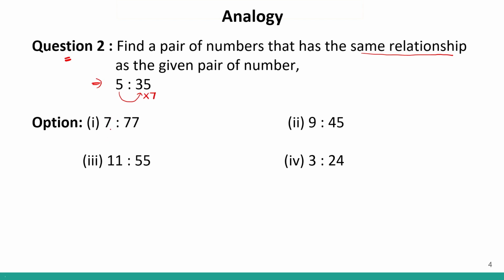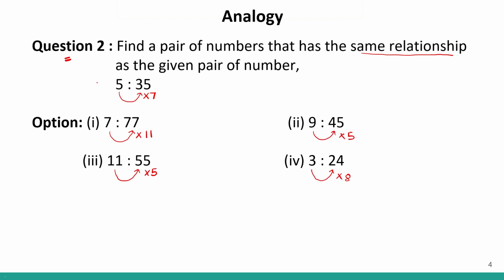Over here, 7 and 77 is multiplication of 11. 11 and 55 is multiplication of 5. 3 and 24 is multiplication of 8. And 9 and 45 is multiplication of 5. So now I cannot see which one has multiplication of 7, because none of them has multiplication of 7.